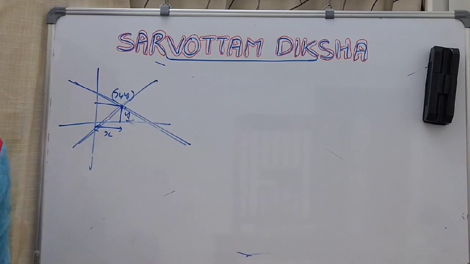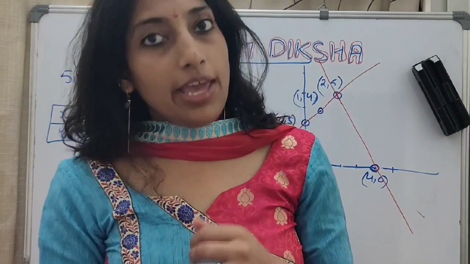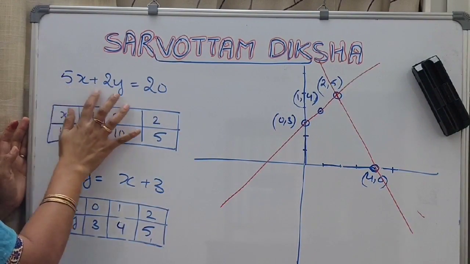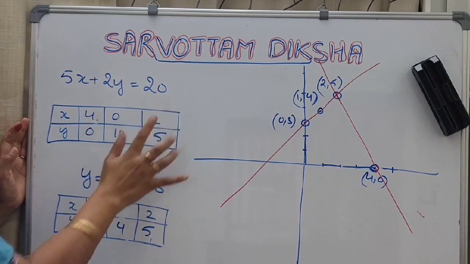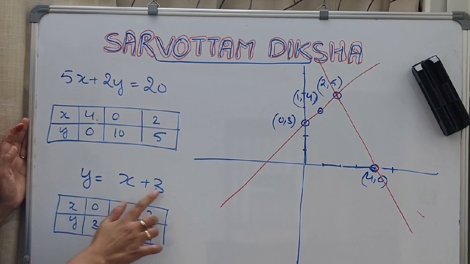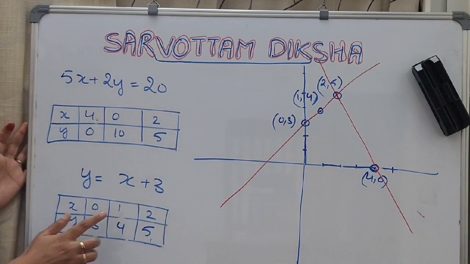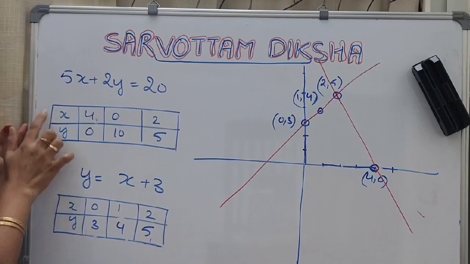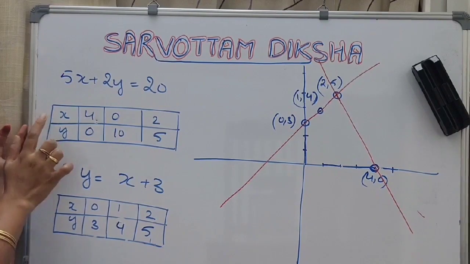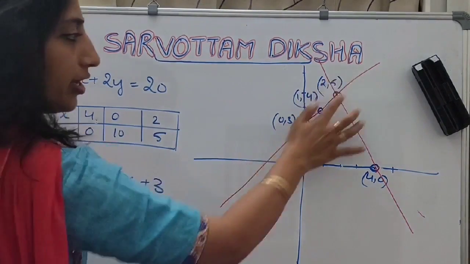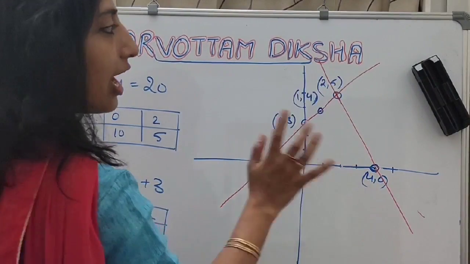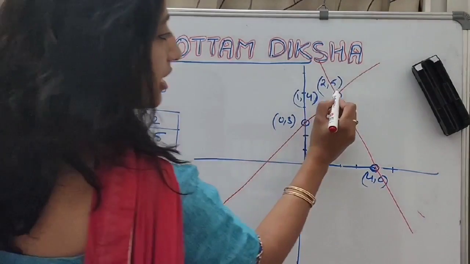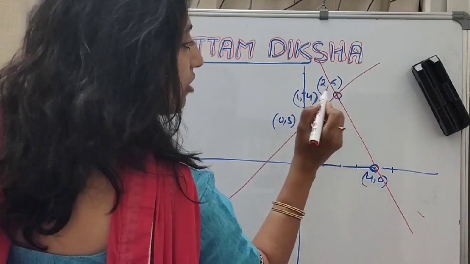Let me go back to my previous example where I had 5x plus 2y equal to 20 and y equal to x plus 3. Here I found a few values of y corresponding to a few particular values of x, and when I plotted that on a graph, I found that these two lines intersected at the particular point (2, 5).